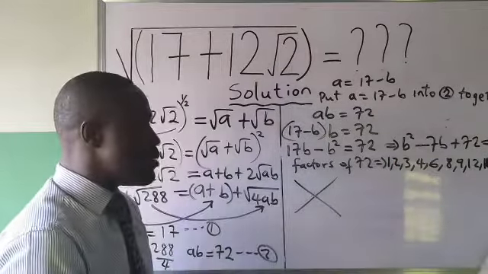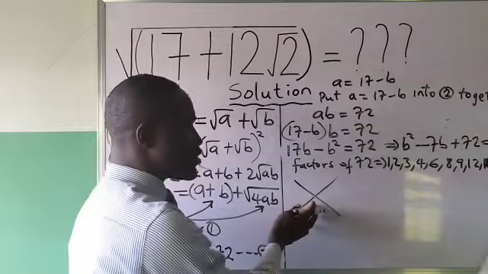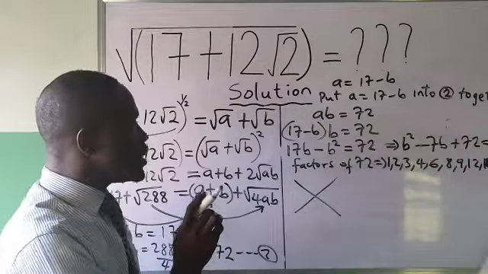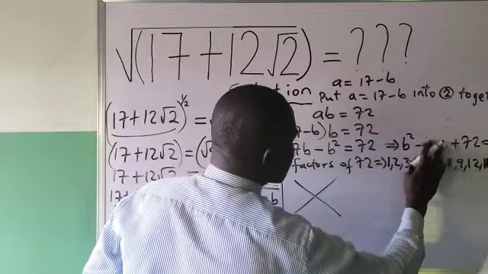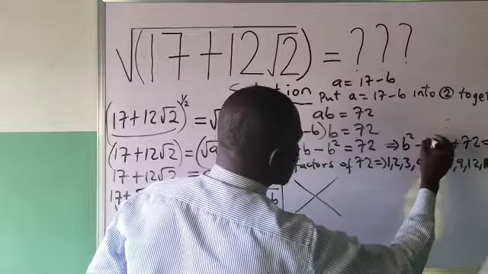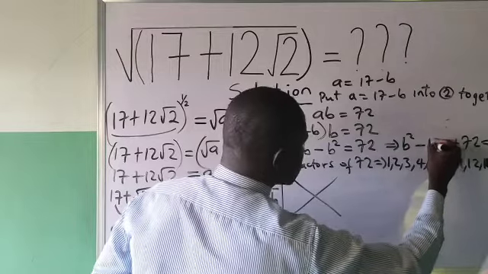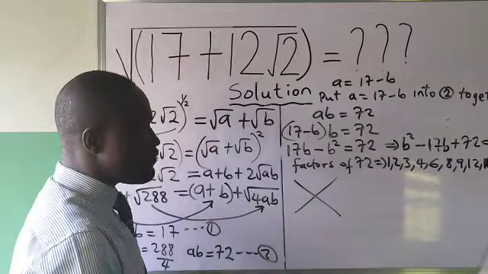But the simplest method is factorization, if it is factorizable. If it is not factorizable, use the quadratic formula or complete the square method.